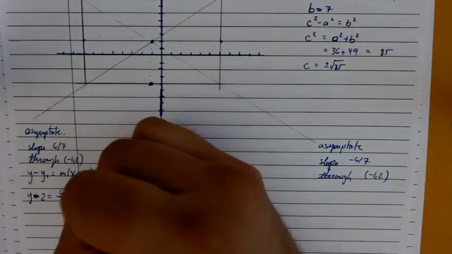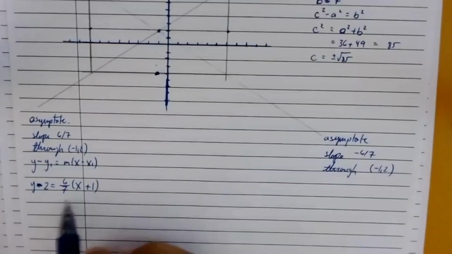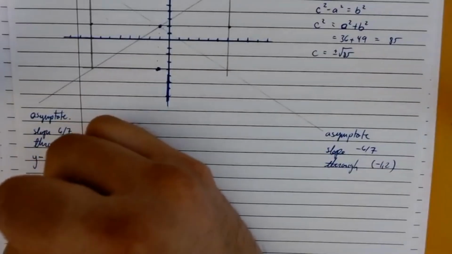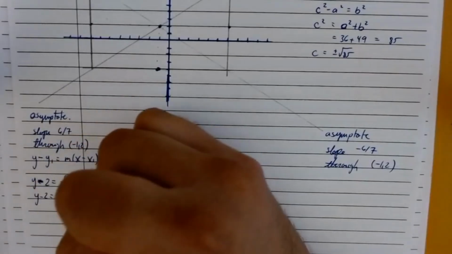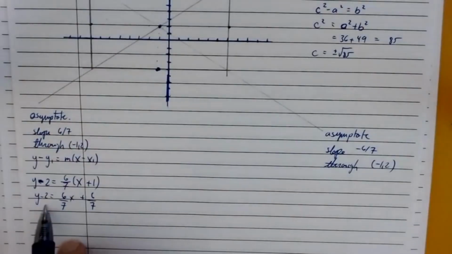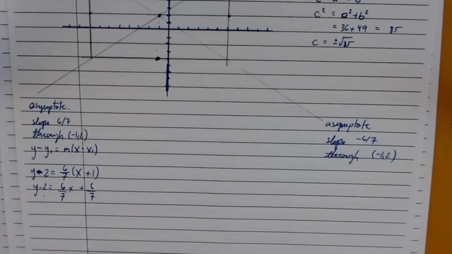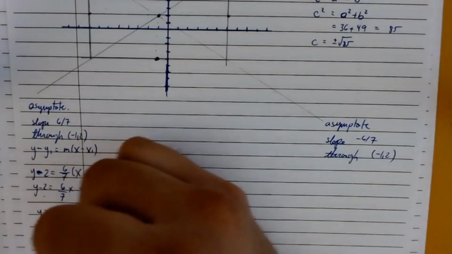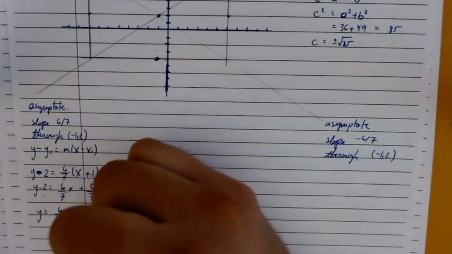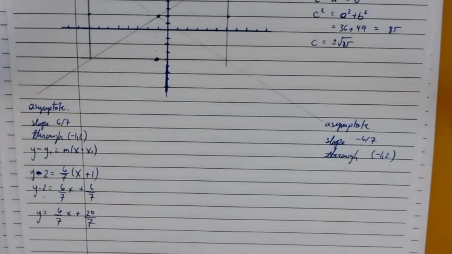Really, that's just plus 1. You can distribute that 6 over 7. So y minus 2 is equal to 6/7 x plus 6/7. And then you can add 2 to both sides to give us our equation. y is equal to 6 over 7x plus 20 over 7. If you add 2 to 6 over 7, you get 20 over 7.